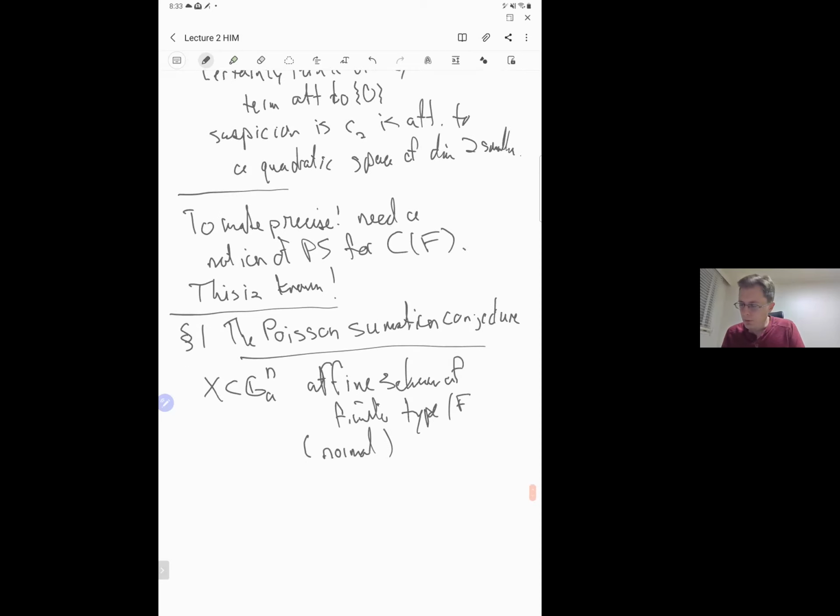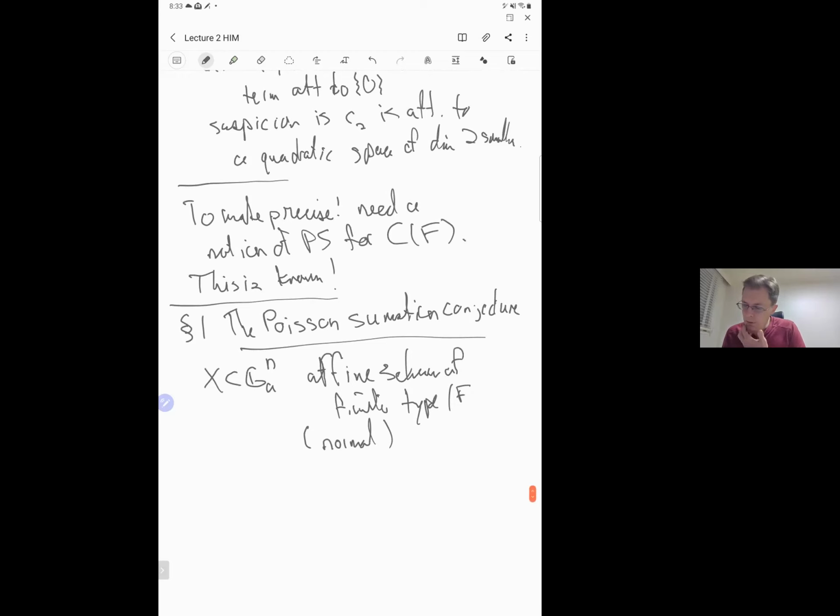Okay, it's funny, there's a question of taste. If you're not comfortable with this language, then the following is just fine. For every F-algebra R, X of R is just the set of points in R^n such that some collection of polynomials is 0.